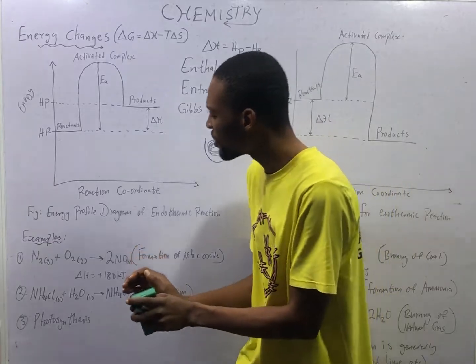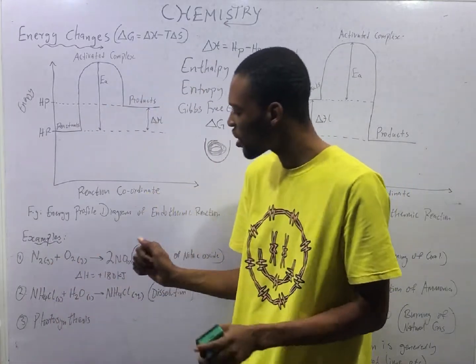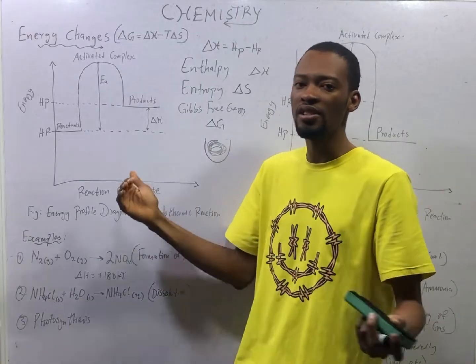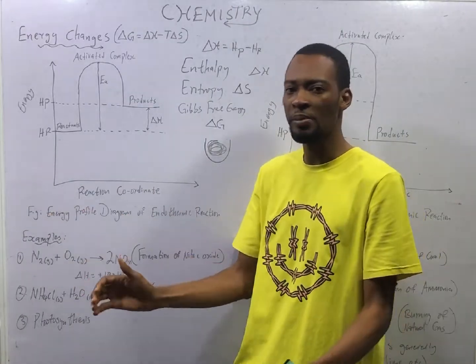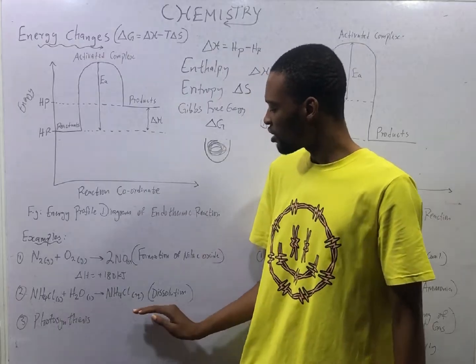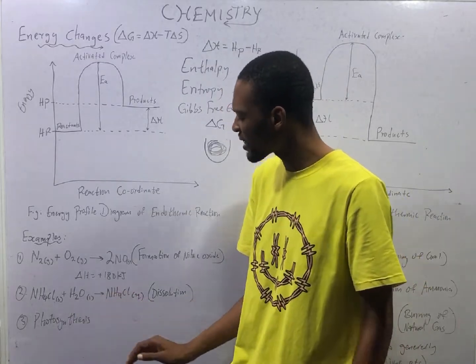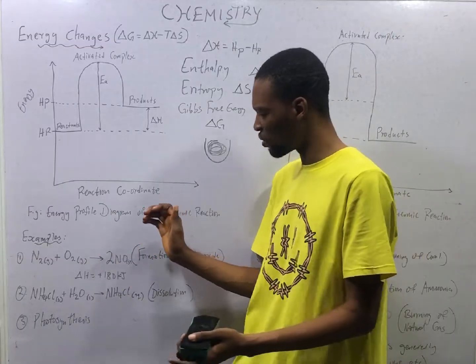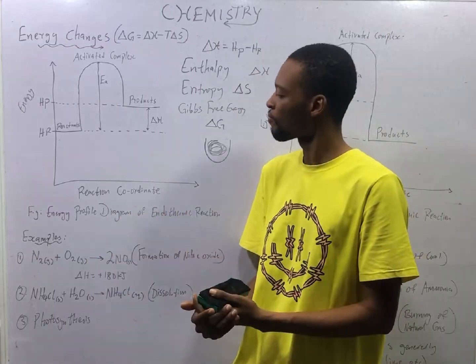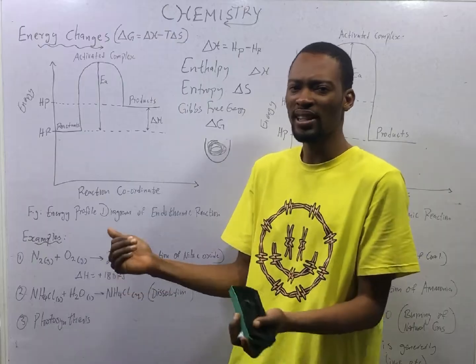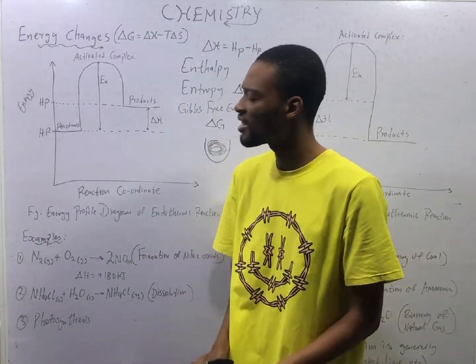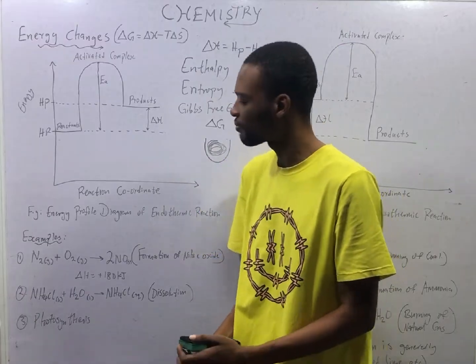So for that bond to break and for nitrogen to combine with oxygen to form nitric oxide, heat is required from the environment. So it absorbs heat. Dissolution of ammonium chloride in water is endothermic. Heat is required, and the reactive vessel gets cooler. Dissolution of salts in water is generally endothermic. Photosynthesis is an endothermic reaction.